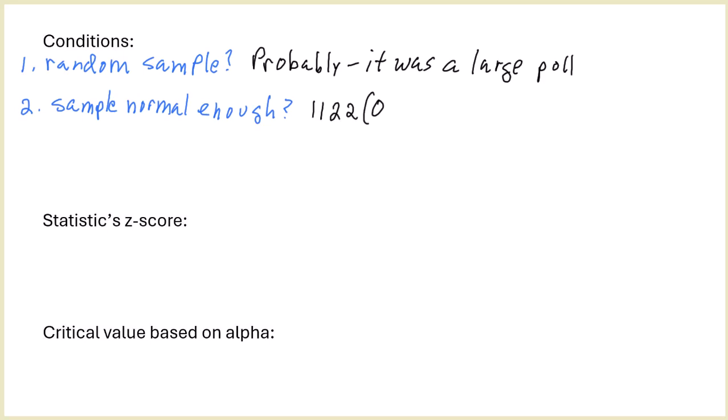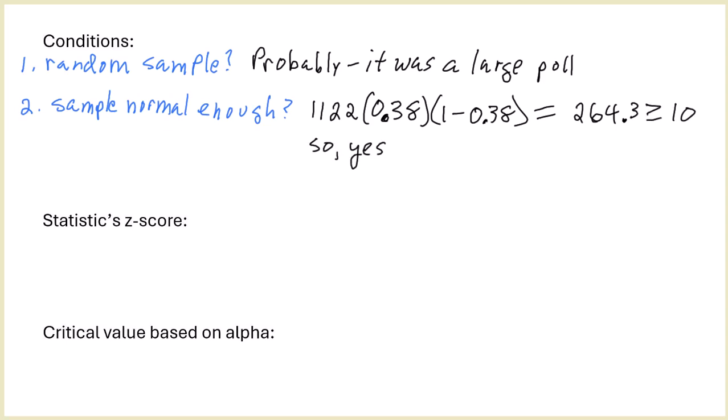And we do that. np times 1 minus p. And notice the p I'm using there is the null hypothesis p, because we're saying, assuming the null is true. And 264 is a lot bigger than 10. So yeah, we're talking about pretty much a normal distribution here.